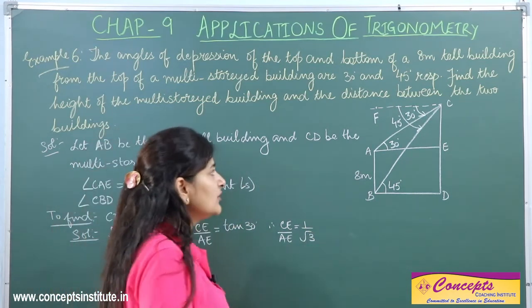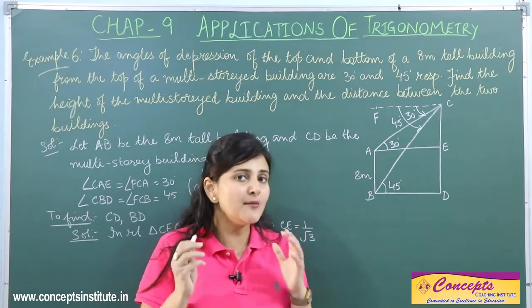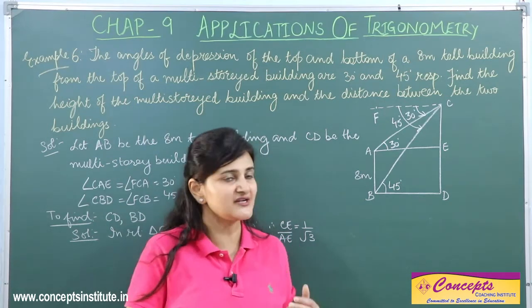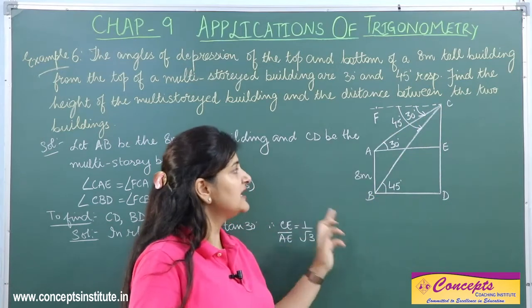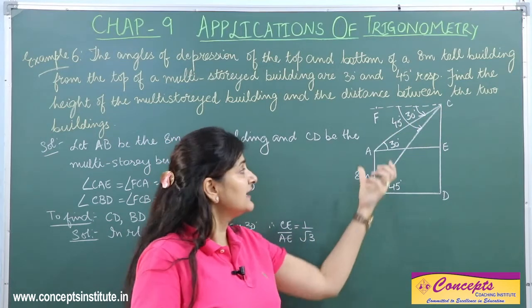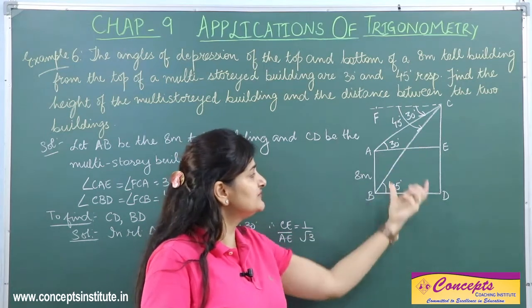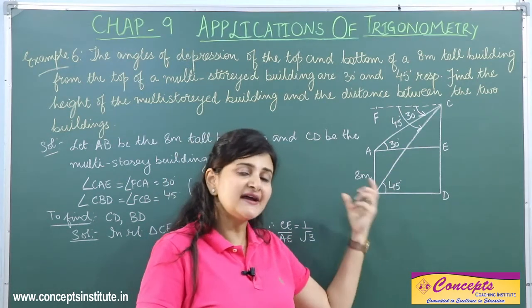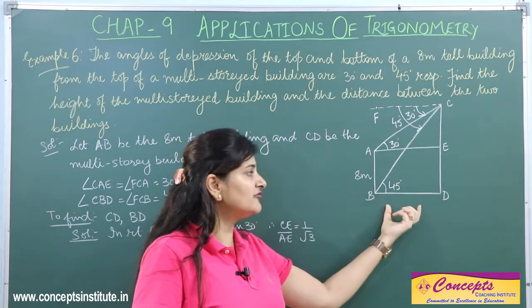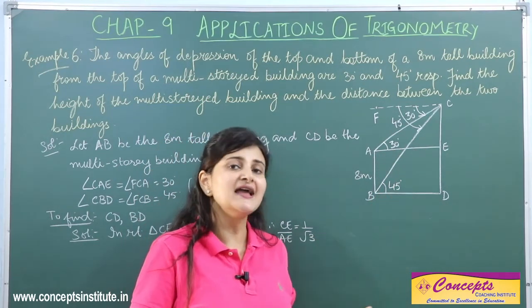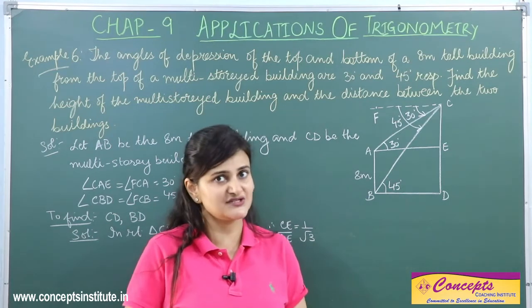Now students, we always have to identify a common link between the two right triangles. The right triangles are CEA and CDB. So the common link is AE and BD because these two sides are equal. So I can find the length of AE from the first triangle, the length of BD from the second triangle, and then I can equate these two, right?